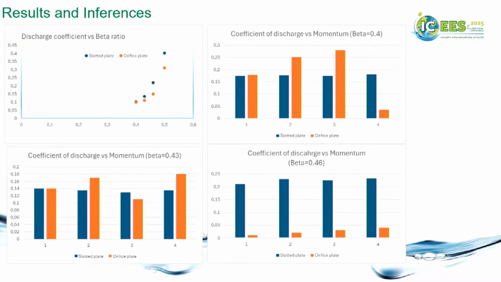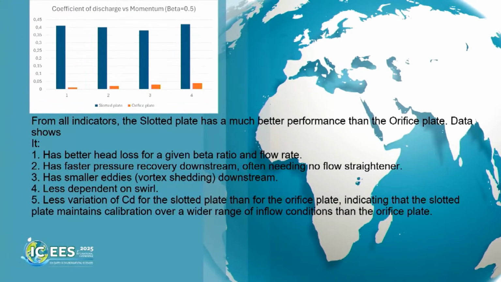So we see here that the coefficient of discharge for beta ratios 0.4, 0.43, 0.46, and 0.5 for the slotted plates is much better than the orifice plate momentum trend.